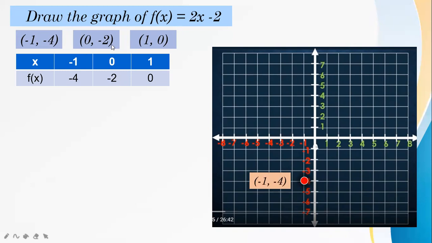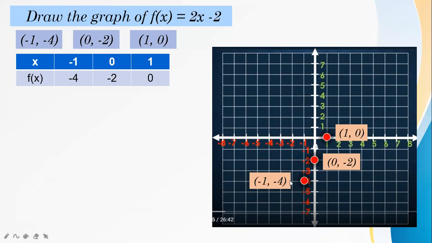Next, we have 0 and negative 2. So your x is 0, and your y is negative 2. So you move 2 units below the x-axis. So 1 and 2. Therefore, this will be your 0 and negative 2. Next, we have 1 and 0. Your x is 1 and your y is 0. And therefore, this will be your given point, 1, 0.